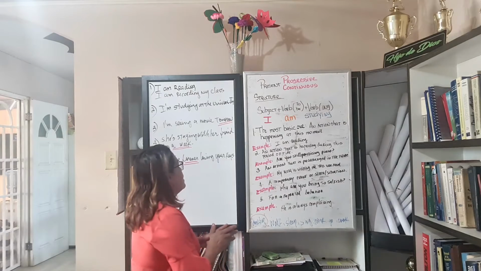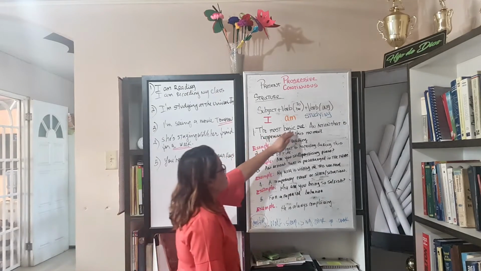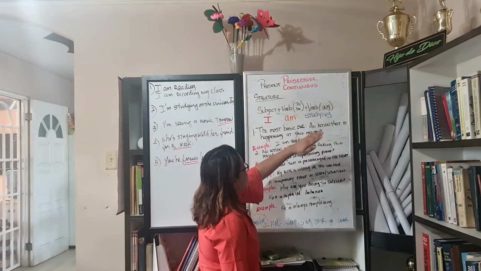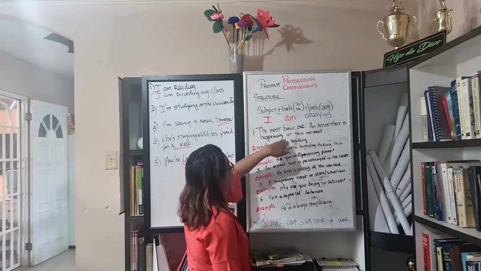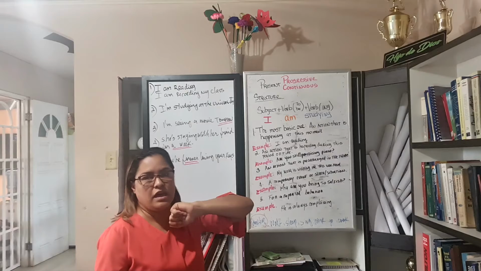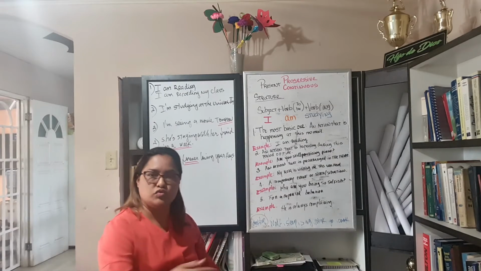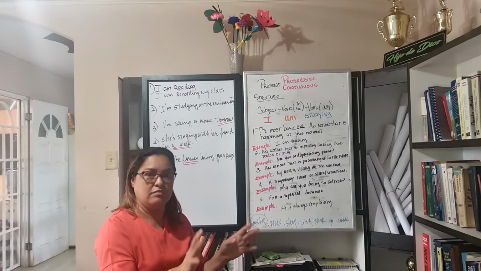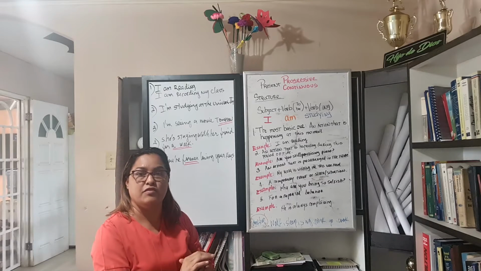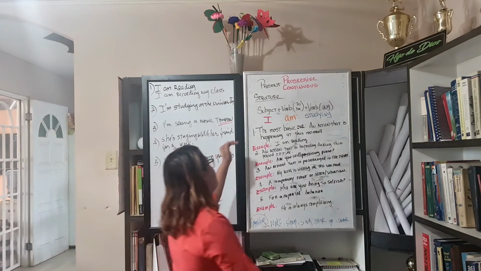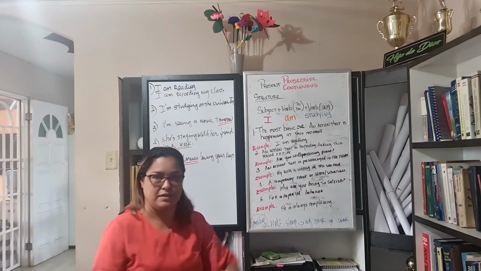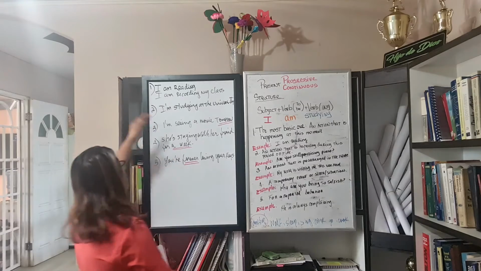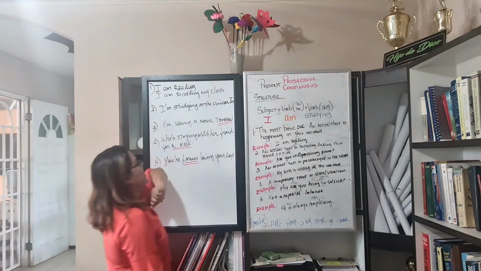Number 1. The most basic one, an action that is happening at the moment. What are you doing? I'm watching YouTube videos. Okay? This is the first example. I am studying. Another example, I am reading.